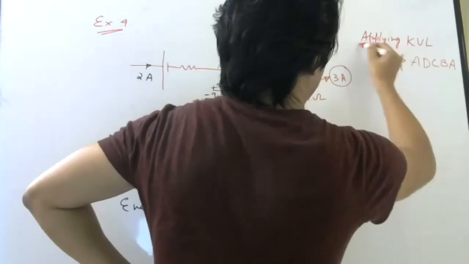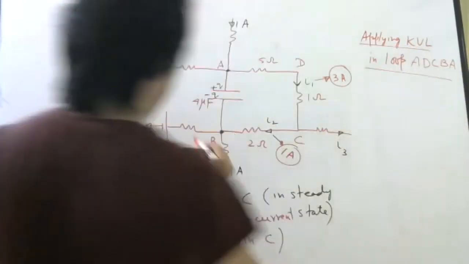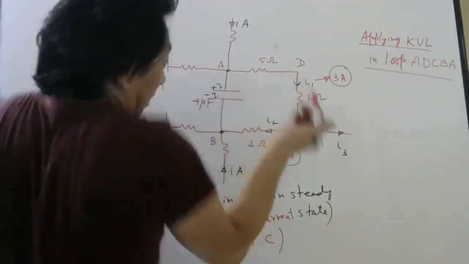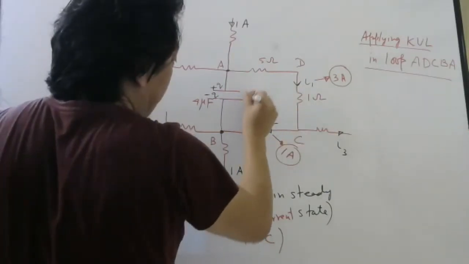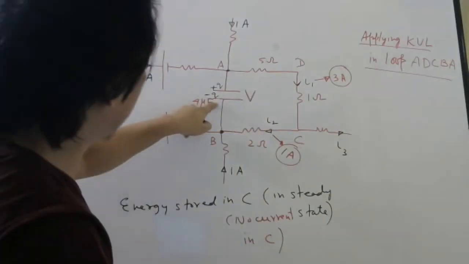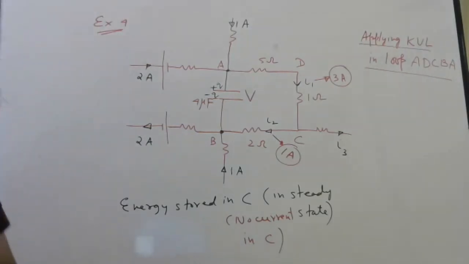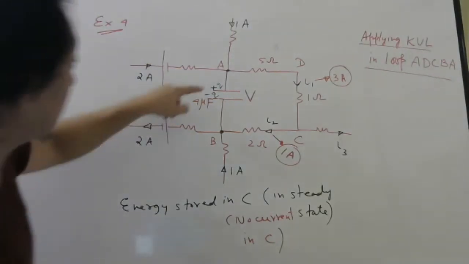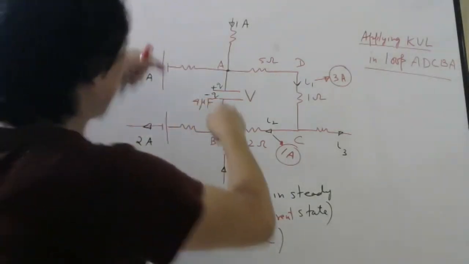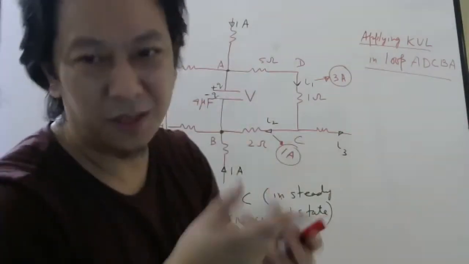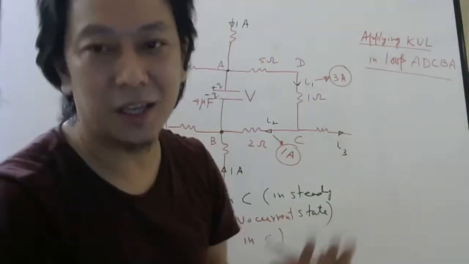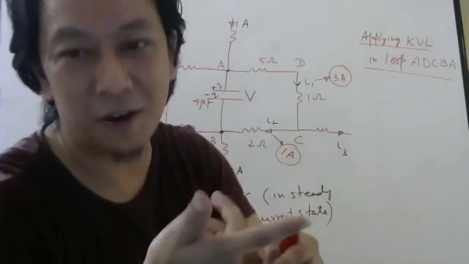And let us assume the voltage here, which I don't know right now, is V. But this is minus, this is plus, remember. How I came to know this is plus, this is minus, let me again explain. Otherwise also you assume; if the answer comes positive, you are correct. If it comes negative, you have to reverse it.